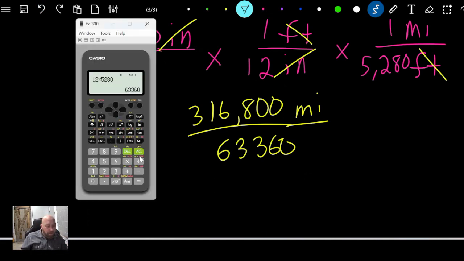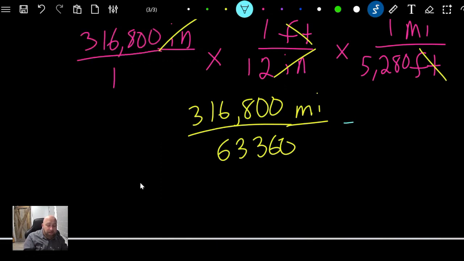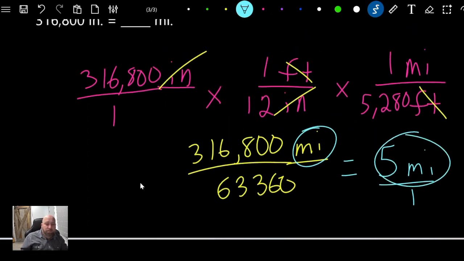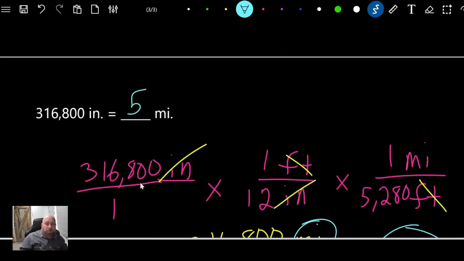So let's go ahead and divide that out: 316,800 divided by 63,360. And let's see if that goes in evenly. Yes, it does. We get 5. That equals 5 miles over 1, or just 5 miles. So there's your answer.